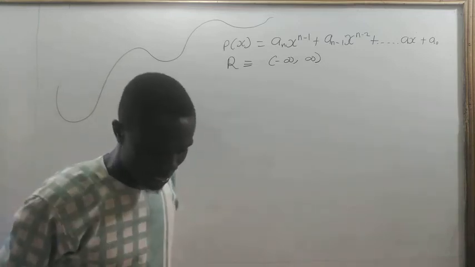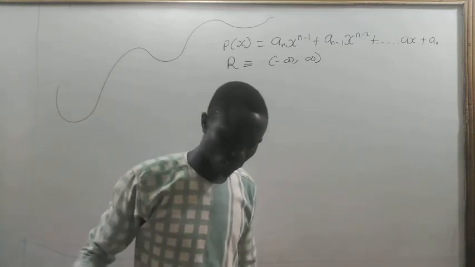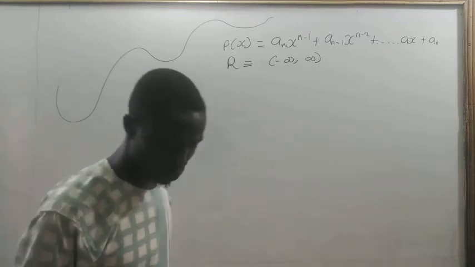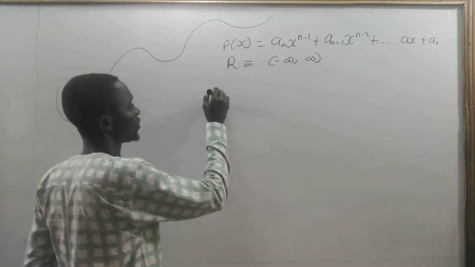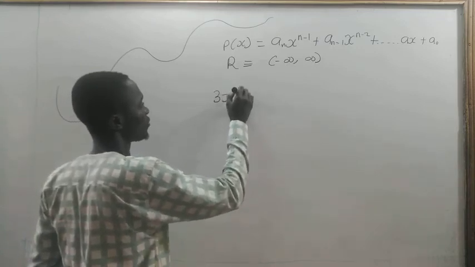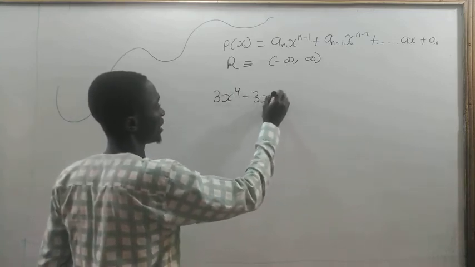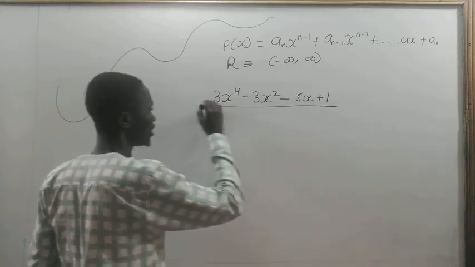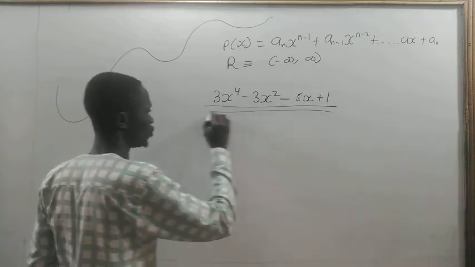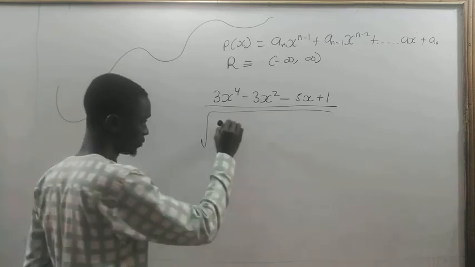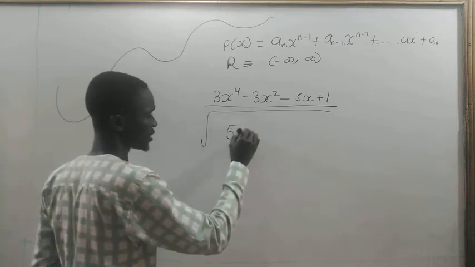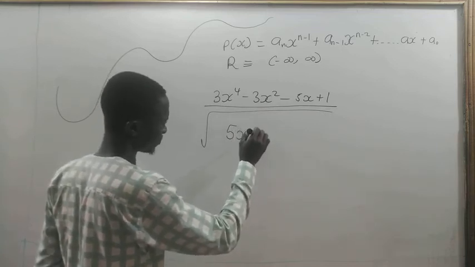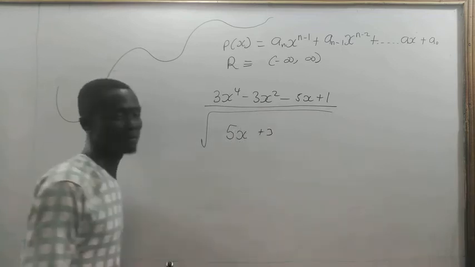We are left with one simple question, and then we will go away. And this is the simple question. I have 3x to the power 4 minus 2, 3x squared minus 5x plus 1, all divided by the square root of 5x plus 3.